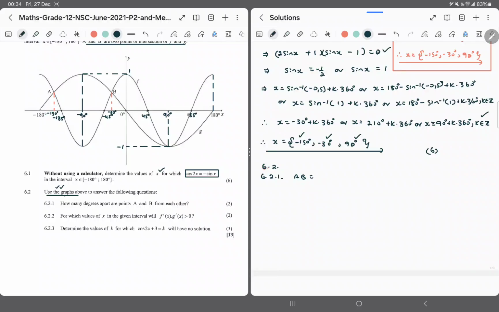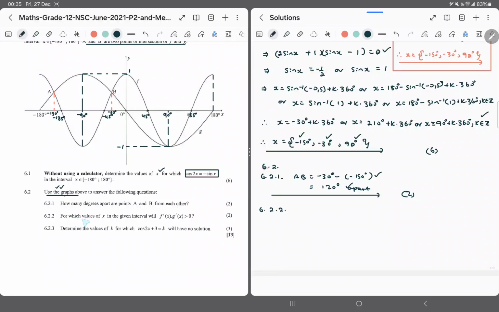Now we can clearly see from these solutions that we can just take minus 30 degrees minus minus 150 degrees. This is going to be equal to 120 degrees apart. At the end of the day, we answer the question. So one can get a mark for that and a mark for the second stuff, but a 2-mark question, answer only, is good enough.